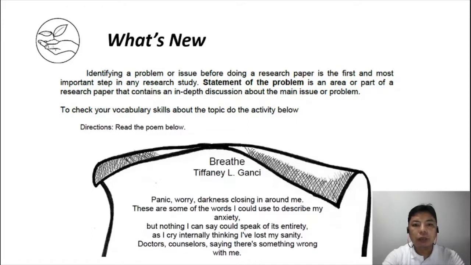Statement of the problem is a part of a research paper that contains an in-depth discussion about the main issue or problem. To check your vocabulary skills about the topic, do the activity below. The direction is first you read the poem and also answer the questions that follow.